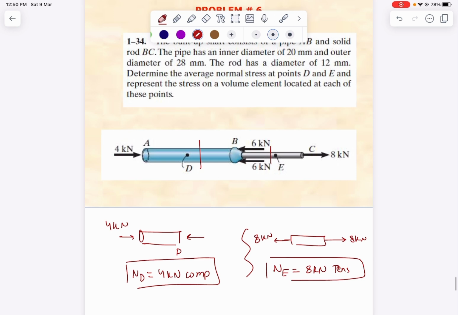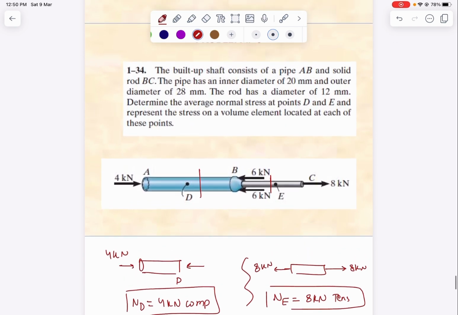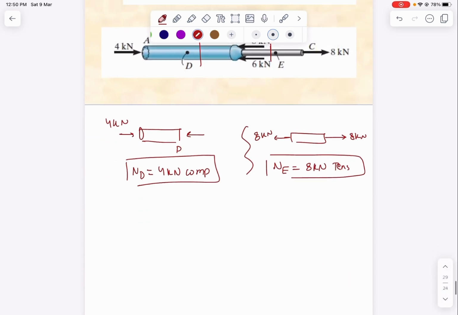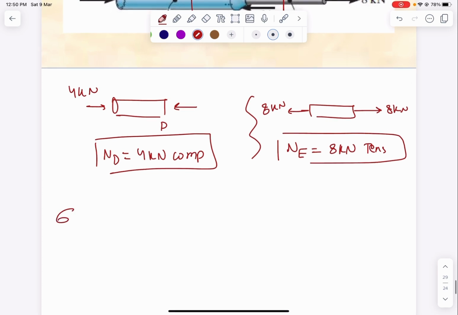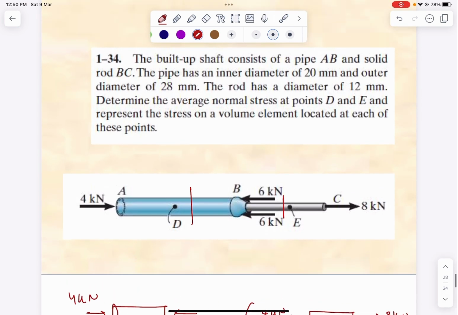Now I need to find the average normal stress at D and at E. So the average normal stress at D is ND over area. Now what is the area of D? Here we see that if we make a cross section at this pipe, it consists of an inner radius and outer radius.